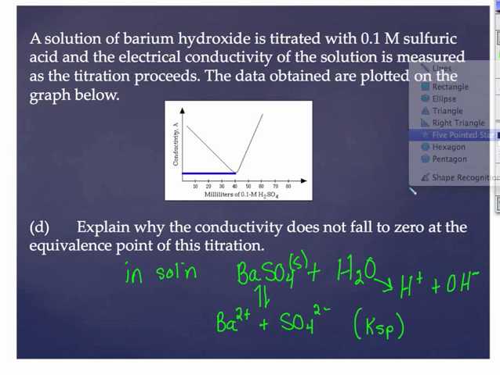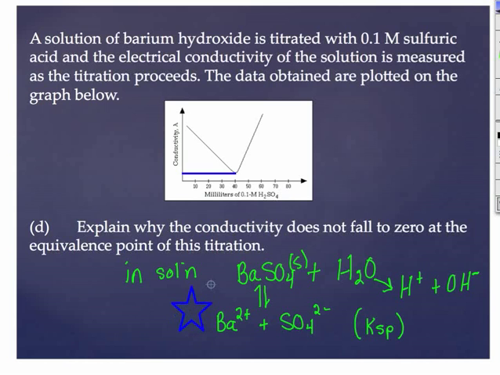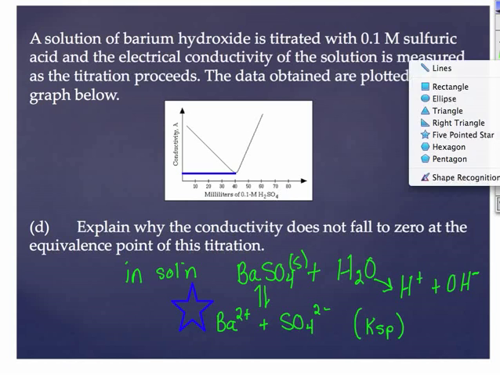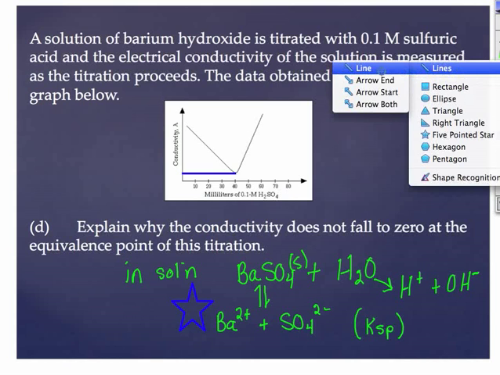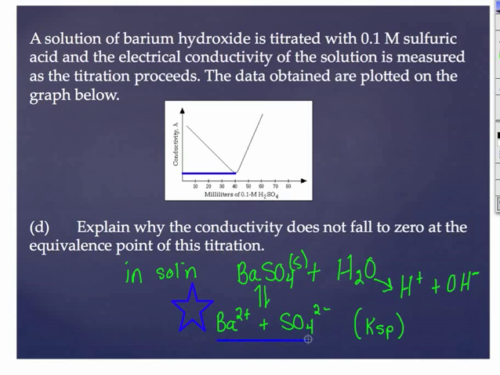So the net effect, and frankly, I prefer this answer, or really I prefer you see both. Okay, I'd have to know the KSP for barium sulfate to know which is the key factor involved here, but I would hope you would know from KSP discussions that whenever you have an insoluble salt, you still have a small amount of ion present.